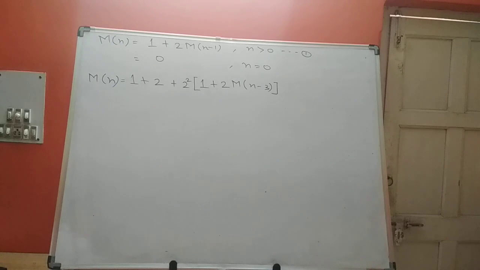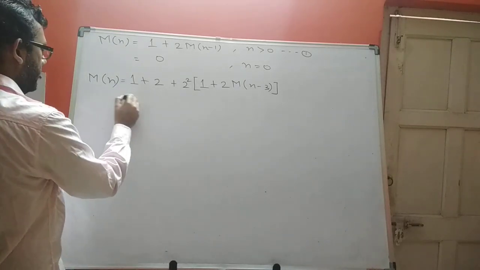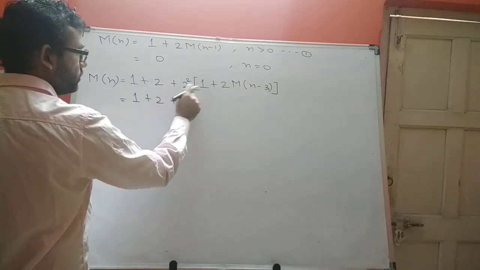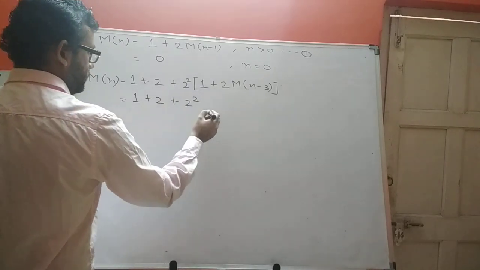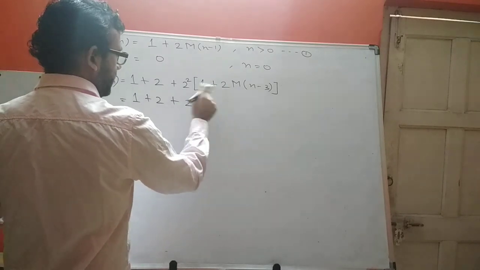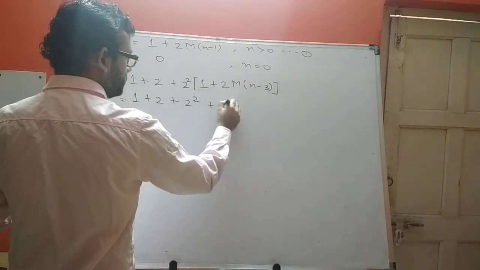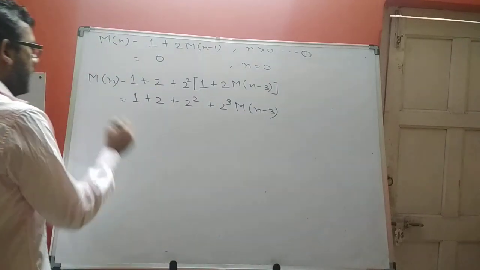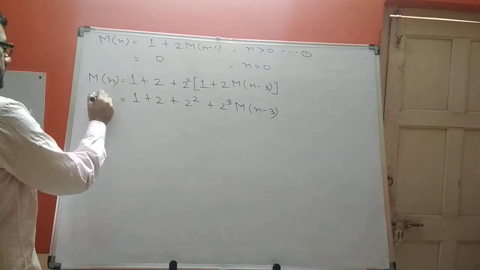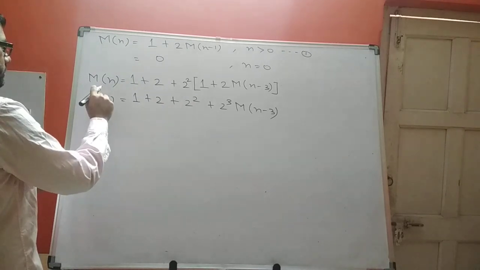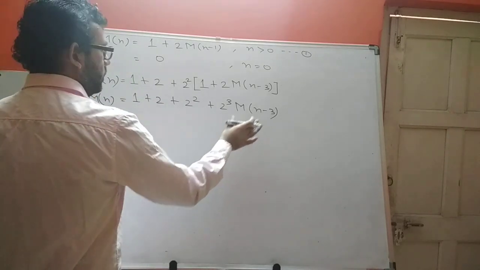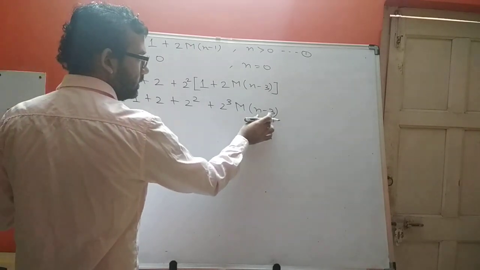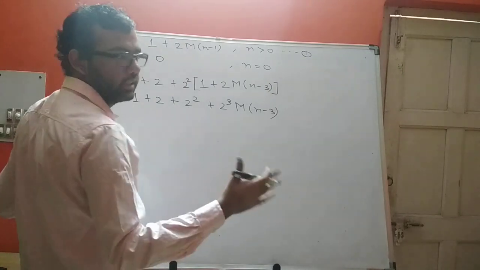Now let's see this. I can just expand this part. So I'll say 1 plus 2 plus, I'll expand this. I'll get 2 square into 1 is 2 square, and 2 square into this part will give me 2 cube into m of n minus 3. Now, just like we saw in case of the number of function invocations, we need to get rid of the function part, in order to get one consistent expression.